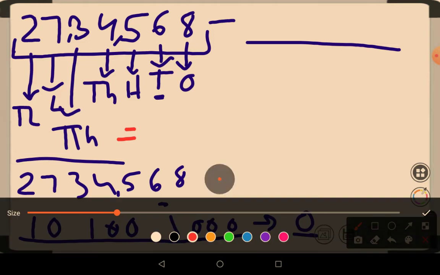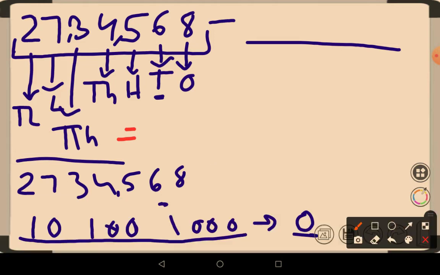Over here you see this number 2734568 has to be rounded to the 10. This is the tens value we know, so this is 6 in the tens value. So what I will do is write it as 60.